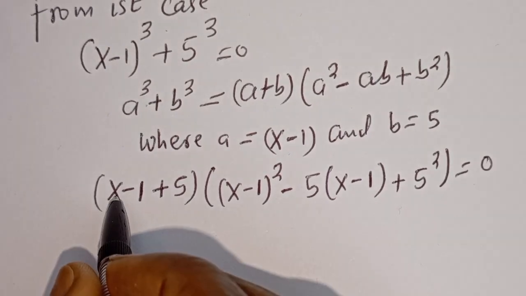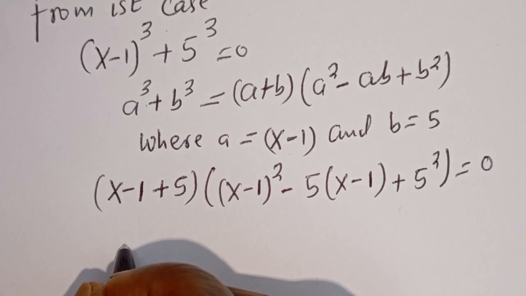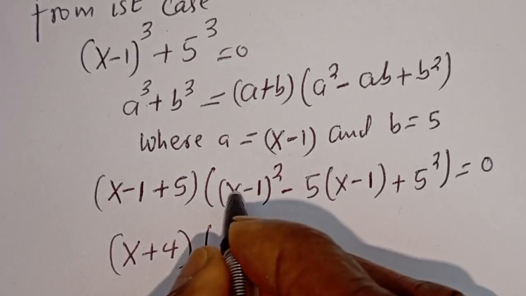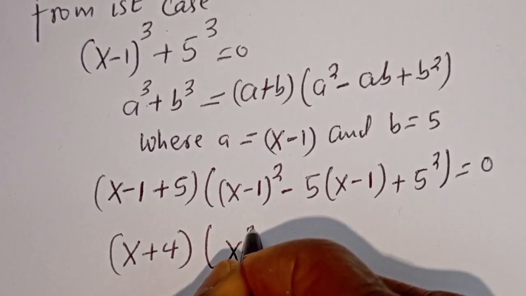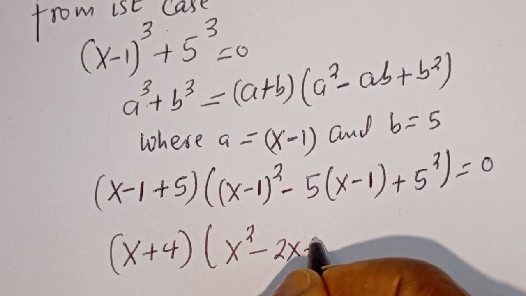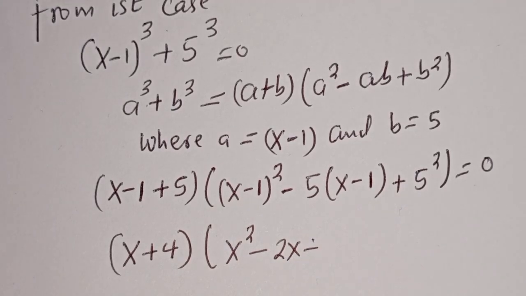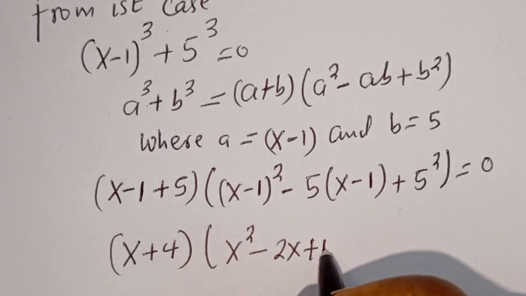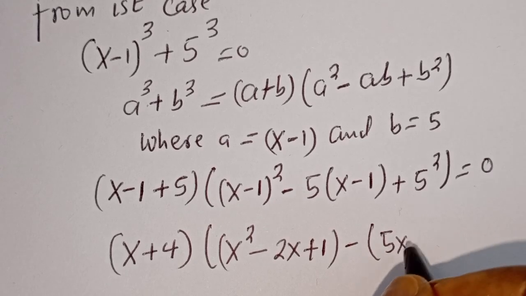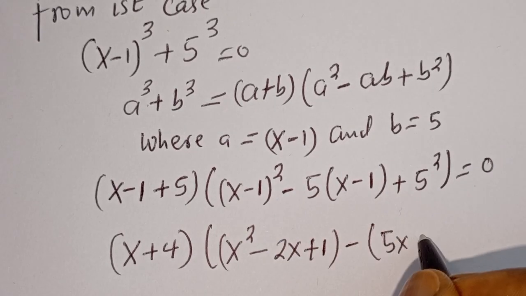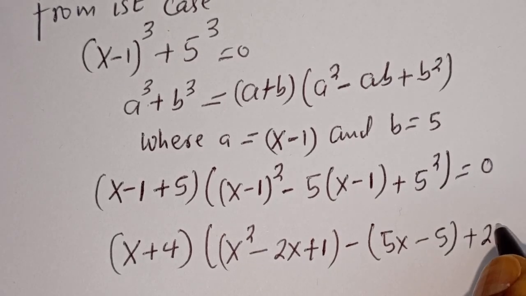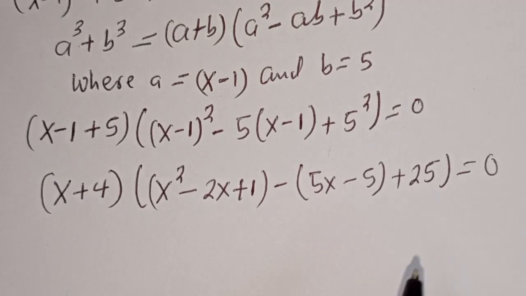Then this can be written as x minus 1 plus 5, this is (x plus 4). If you expand this, we have (x squared minus 2x plus 1), then here 5 times x is 5x, then minus 5 times 1 is minus 5, plus 5 squared, 25, is equal to 0.